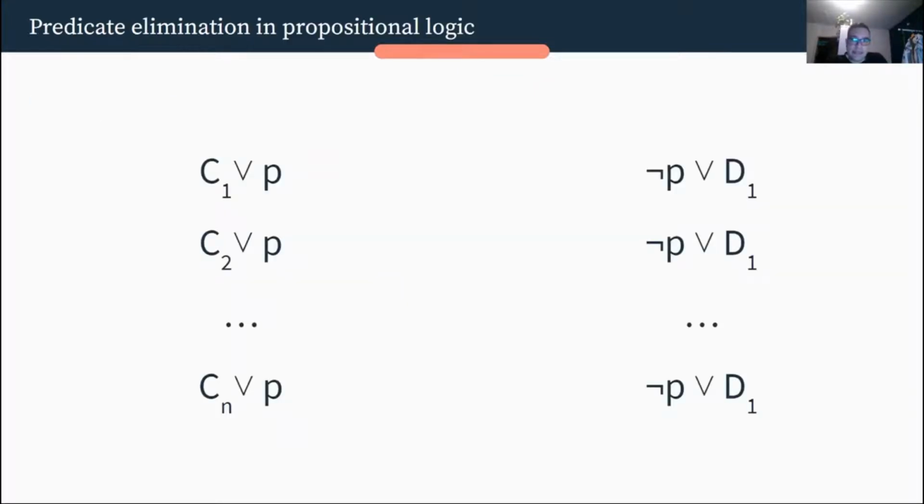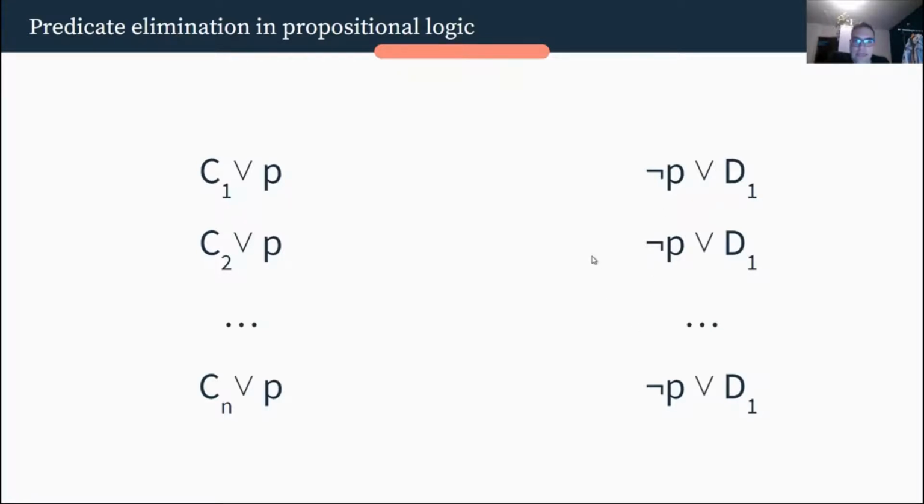The second technique that I want to talk about is so-called variable elimination in propositional logic, and this is the idea that you can simplify your proof state in your SAT solver if you actually eliminate one of the variables. And how do you do that? Well, you choose a variable and then you split your proof state into clauses where the variable occurs positively and the clauses where the variable occurs negatively.